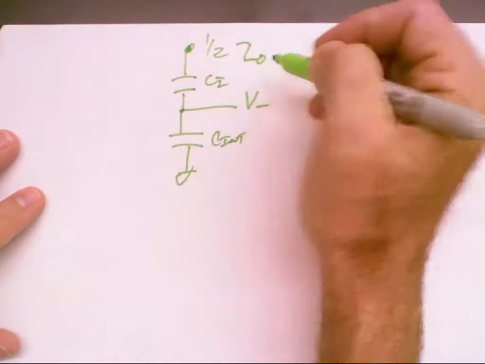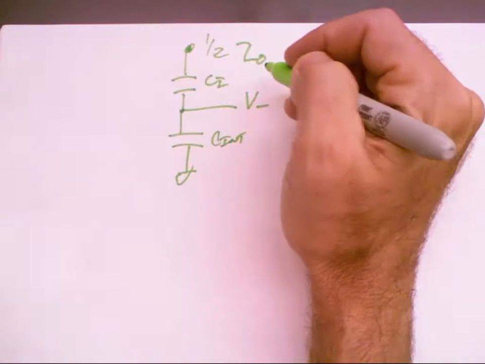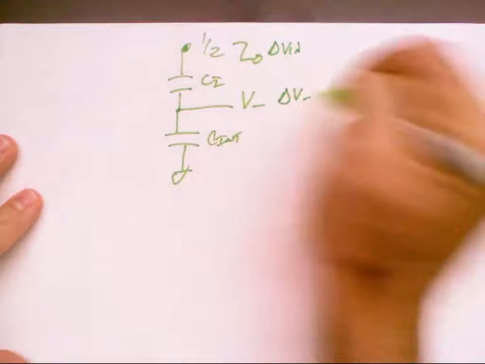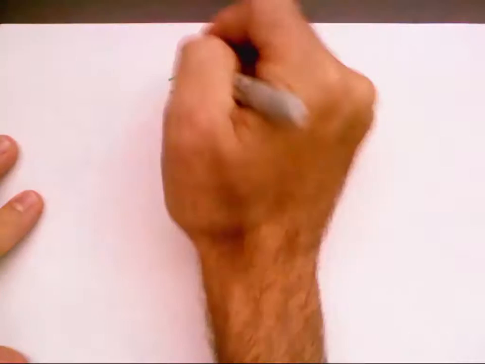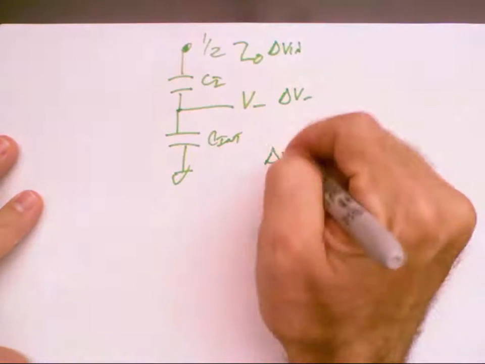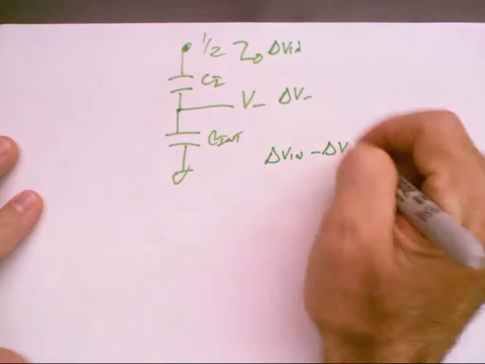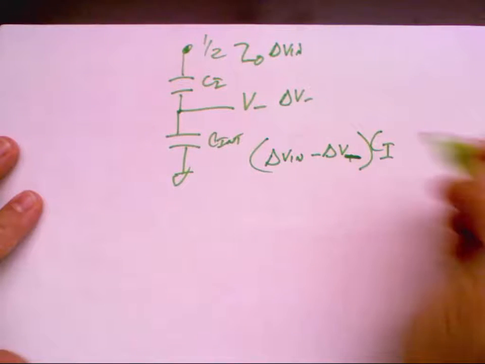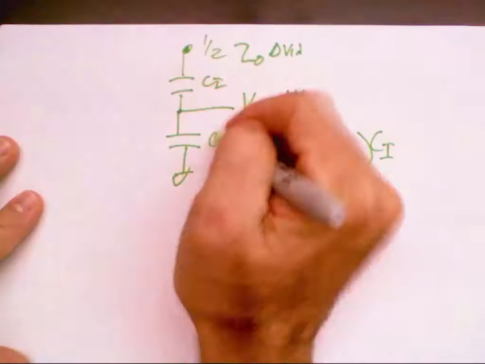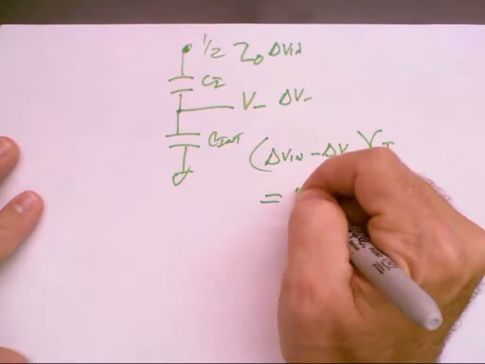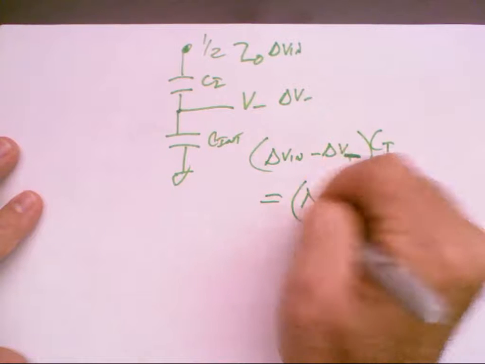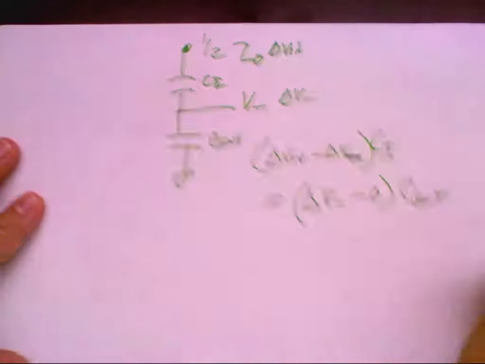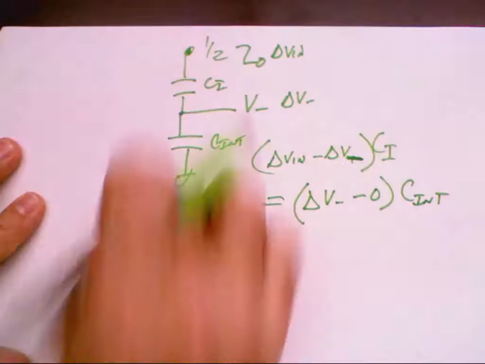So I can derive this in several ways. Why don't I call this delta V in, and I'll call the change here delta V minus. And the charge on this capacitor is delta V in minus delta V minus, times Ci. That charge has to flow through this capacitor, which is delta V minus minus 0 times C int. Do you agree these have to be equal?